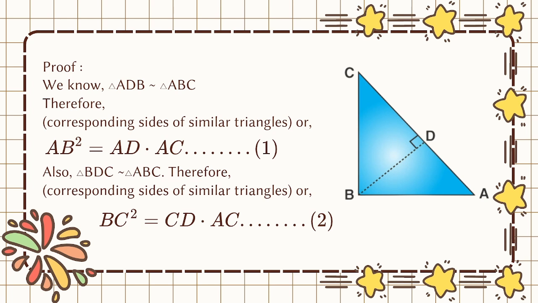Therefore, corresponding sides of similar triangles give AB square equals AD times AC, for equation 1. Also, triangle BDC is similar to triangle ABC. Therefore, BC square equals CD times AC, for equation 2.